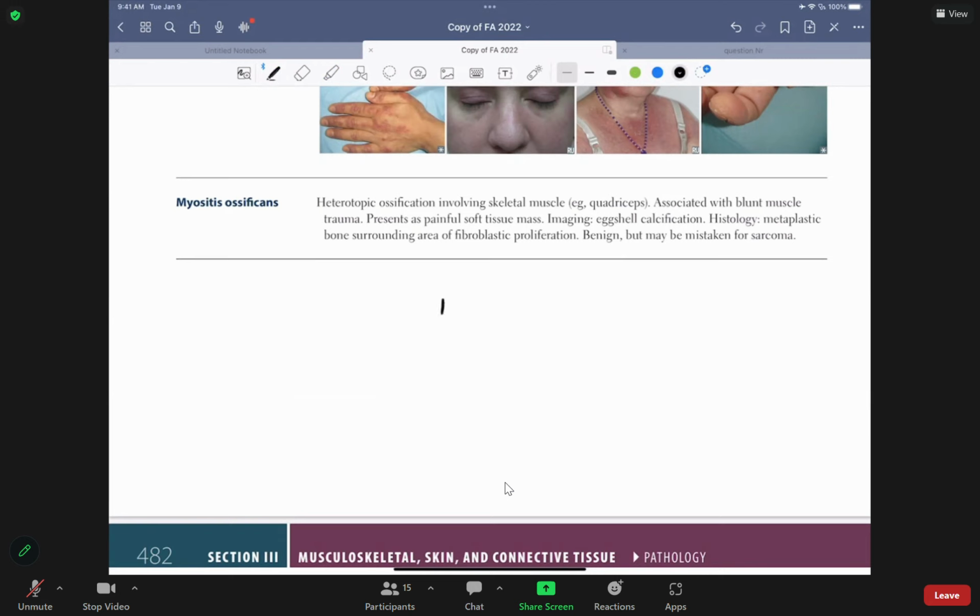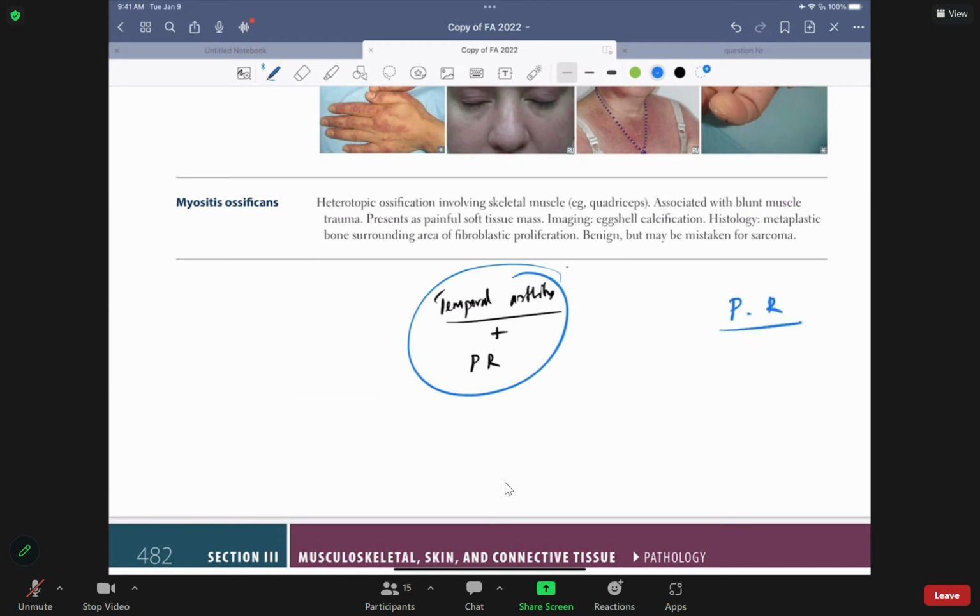So I'm going to write temporal arteritis. Temporal arteritis will always have polymyalgia rheumatica. People can develop temporal arteritis and polymyalgia rheumatica together, or they just get polymyalgia rheumatica alone.